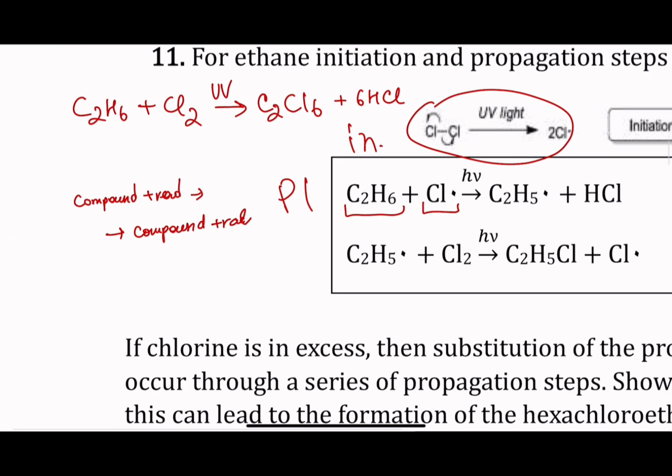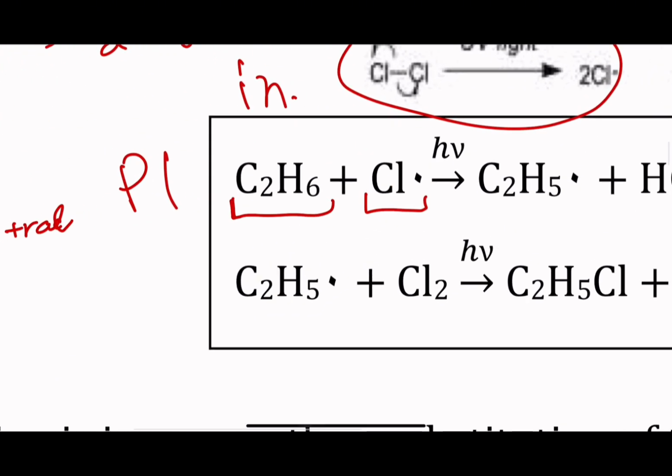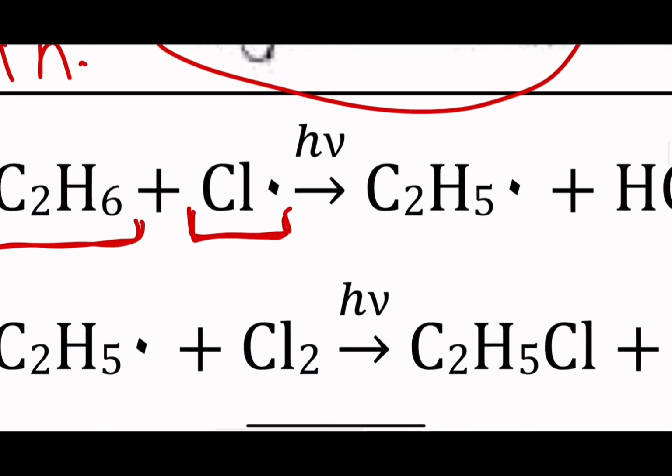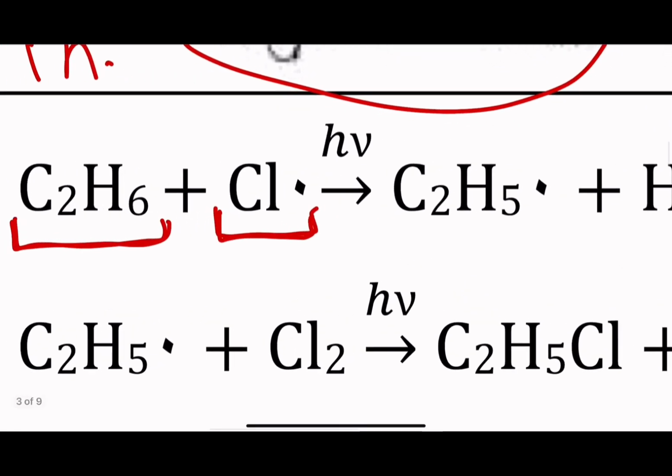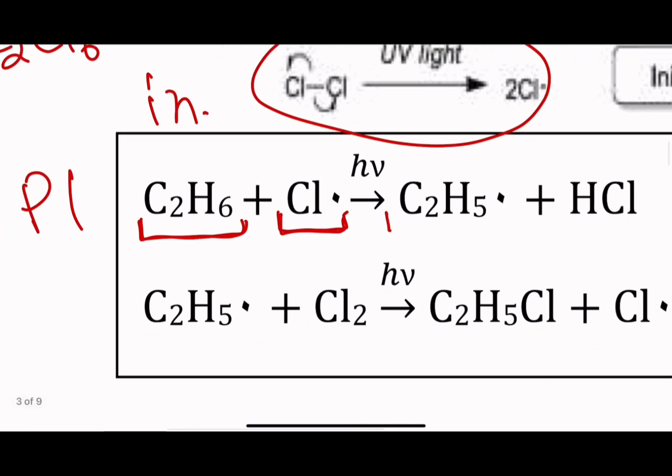So we have here the compound is ethane, and radical comes and takes something from the compound, and right now we see that chlorine radical took the hydrogen from ethane. So now you have a radical and hydrochloric acid.